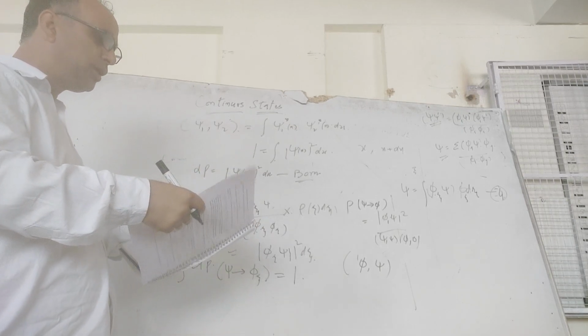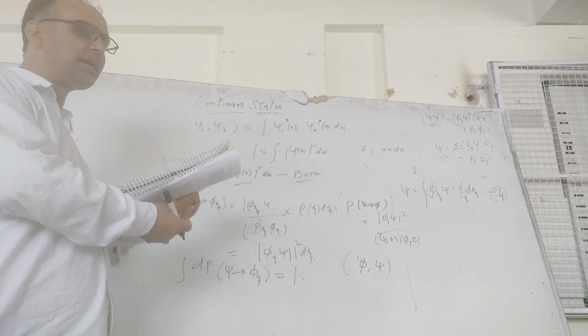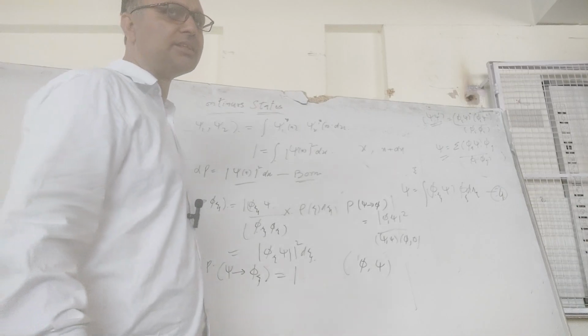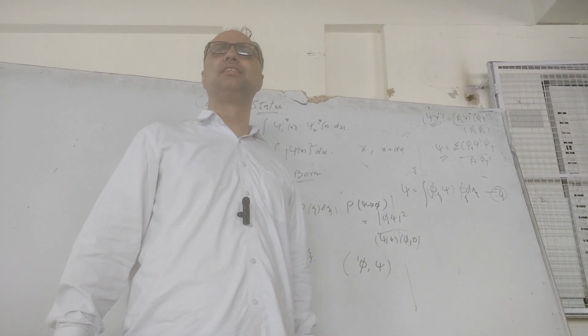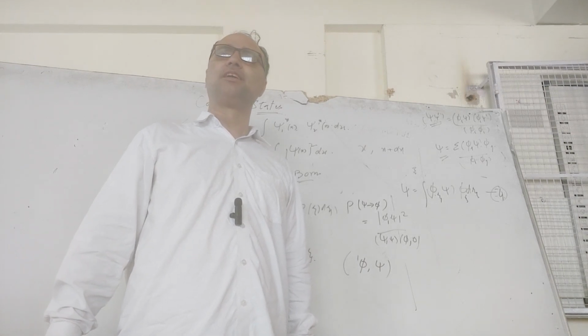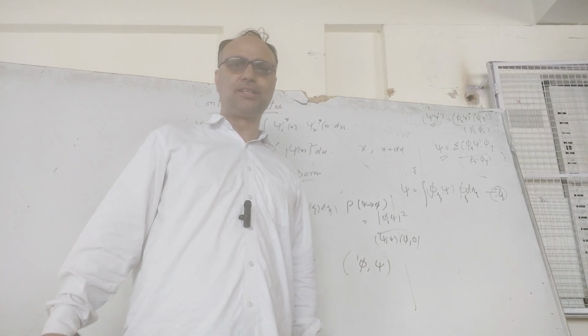Now the point is how we can introduce Dirac delta functions. In the conventional sense, the Dirac delta function becomes a maximum at the origin and zero otherwise.